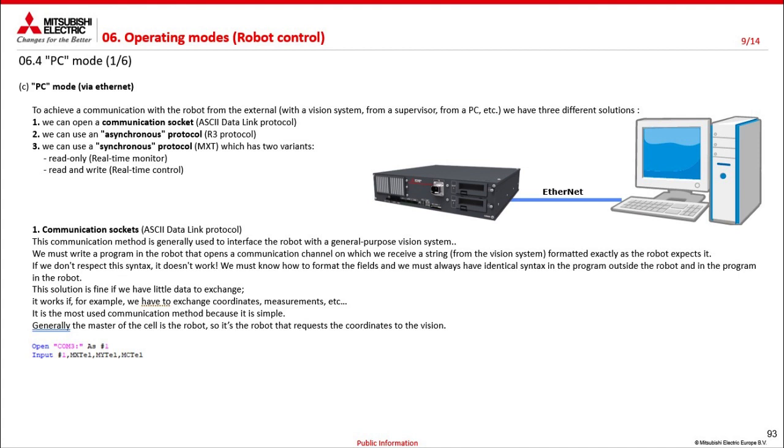Let's see what the communication socket is. This communication method is typically used to interface the robot with the general purpose vision system. We need to write a program in the robot that opens a communication channel over which we receive a string from the vision system, formatted exactly as the robot expects it.